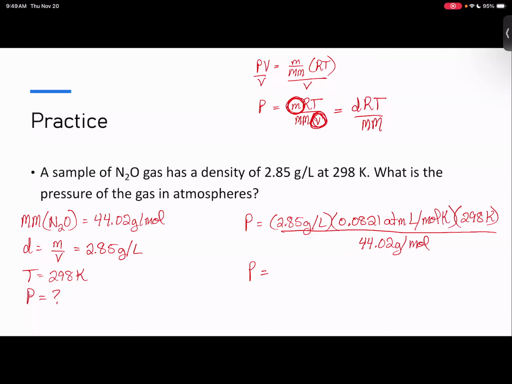And that will give us the pressure of the gas, which comes out to be 1.58 atmospheres. Questions?